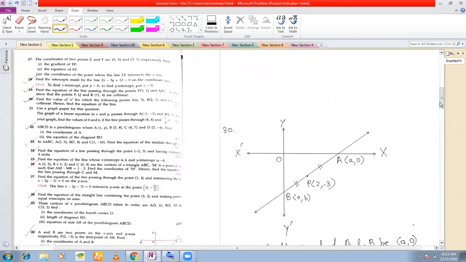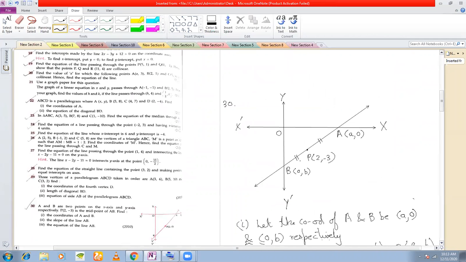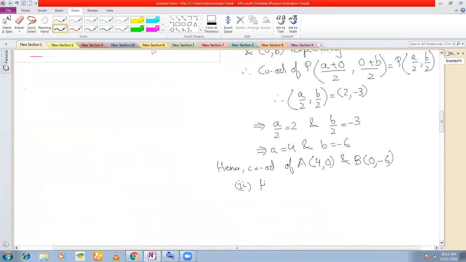The second part of the question states you need to find out the slope of the line AB, which is a cakewalk. You know 3 points on AB. So you can definitely choose any 2 points and find out the slope. Let us take the points A and B only and find out the slope. Therefore, slope of AB, let's say m, is equal to (y2 minus y1) by (x2 minus x1).